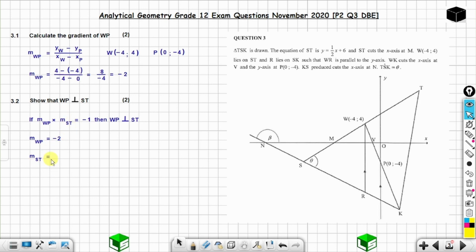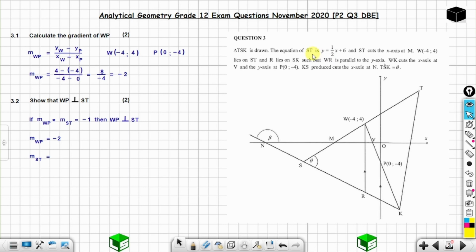We can get it. You can see you have the equation of the line ST: y equals 1 over 2x plus 6. This equation is given in the form mx plus c, so this is the gradient, 1 over 2.